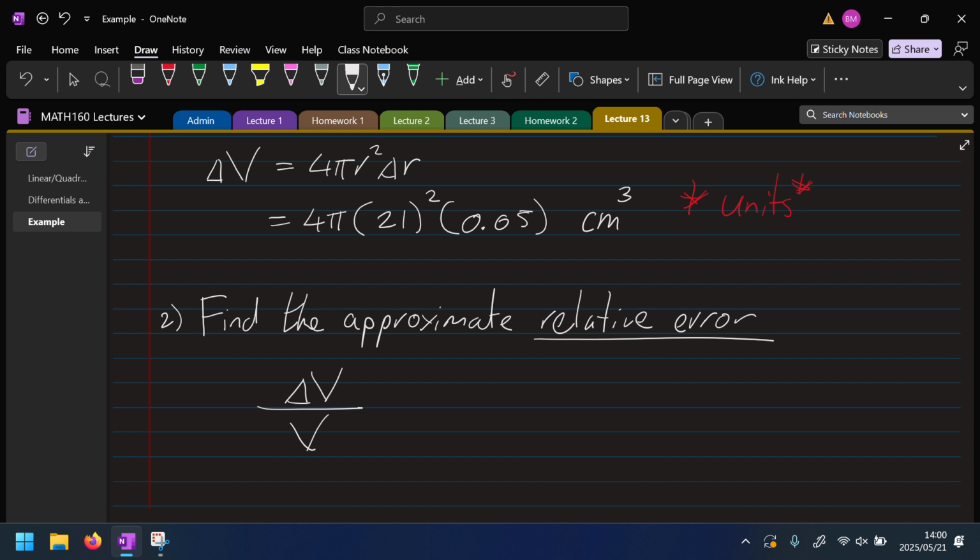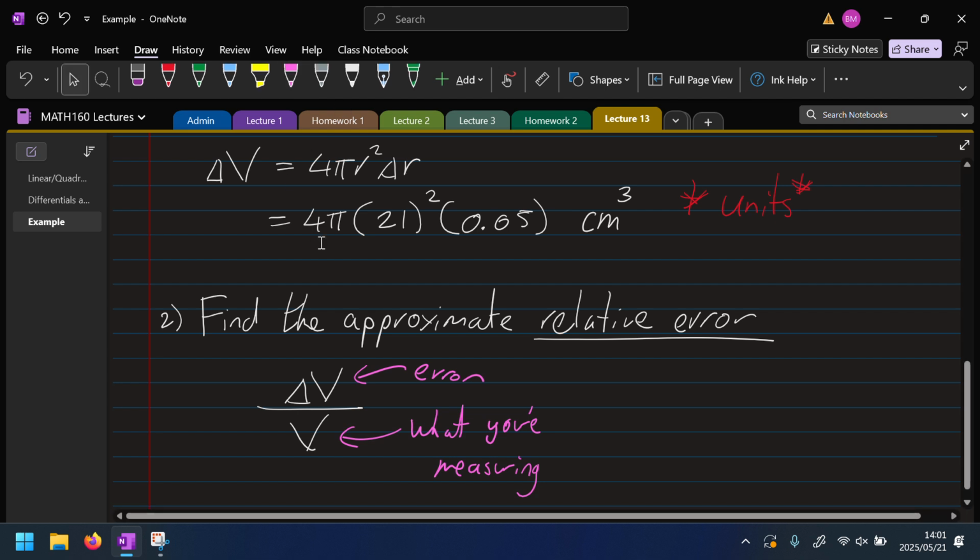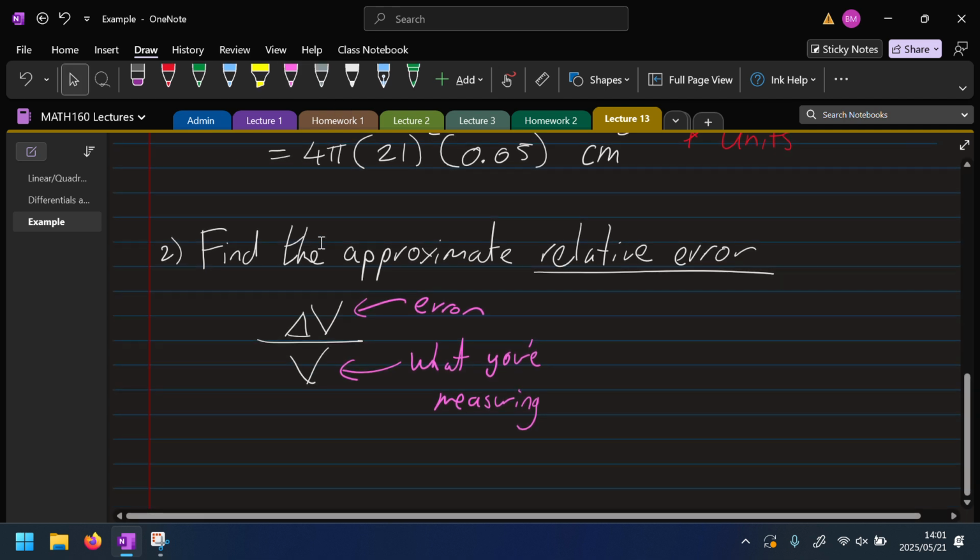So if you want the relative error in length, for example, then it would be delta X over X. So it's whatever the error is divided by whatever the thing is you're measuring. In this case, it's the volume. So that's the relative error. It will be delta V from before divided by the volume of the sphere. Right. Any questions on the sphere example?